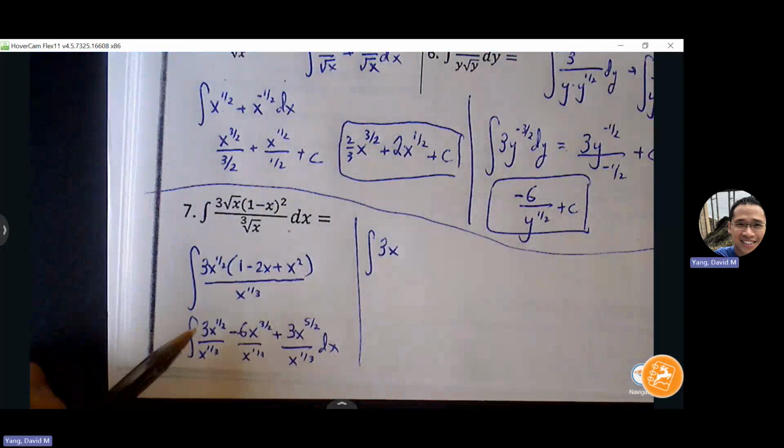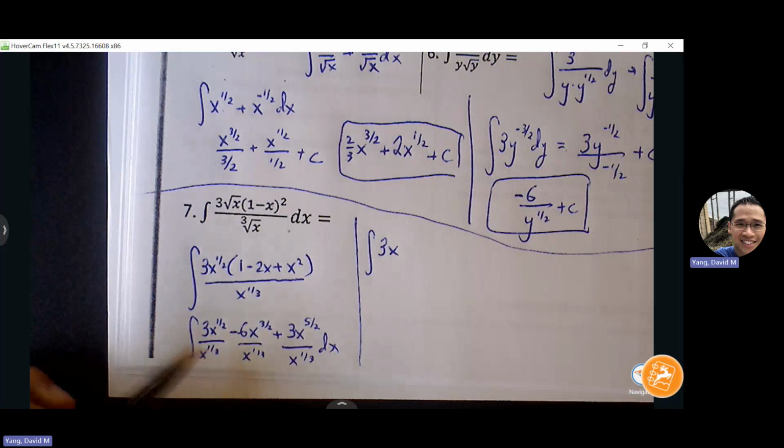I'm going to skip a step here. I'm going to subtract the exponents. 1/2 minus 1/3, that's 3/6 minus 2/6, which is 1/6.